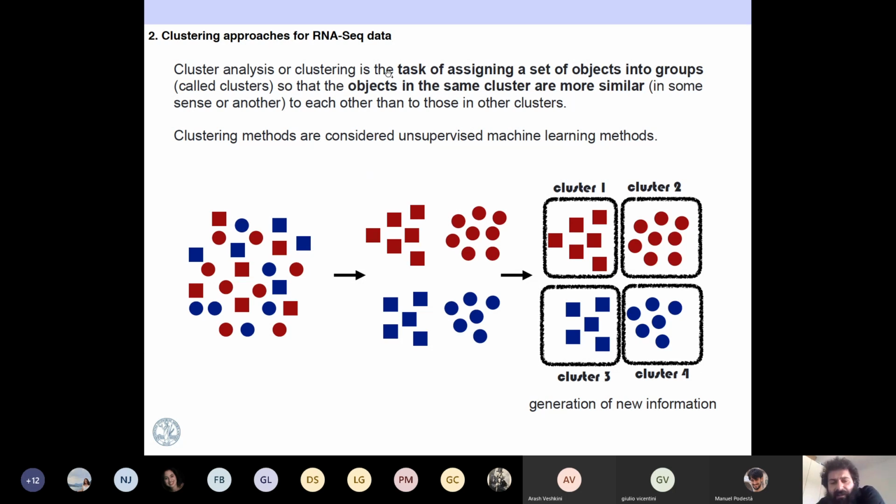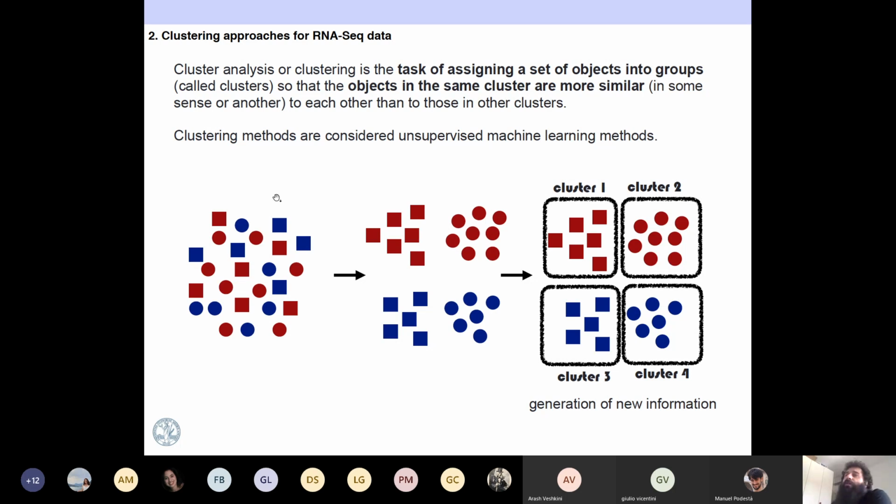Okay, so what is clustering? Cluster analysis is the task of assigning a set of objects into groups, so that the objects in the same cluster are more or less similar in one sense or another, more than to those in other clusters. Similarity, of course, can be defined in a lot of different ways. They are considered unsupervised machine learning methods.